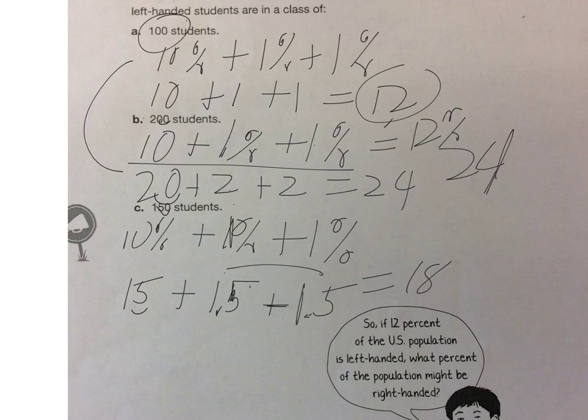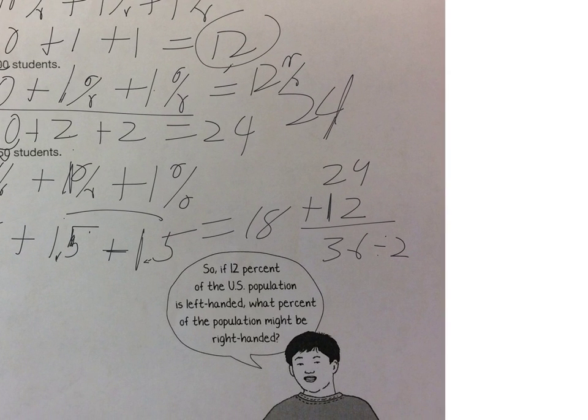So 100 plus 200 is 300, so you add these together: 24 plus 12. 24 plus 12 is 36, but then that's for 300 people, so you have to divide it by 2, and dividing it by 2 gives you 18, and that's what we got there, because 300 divided by 2 is 150, so 36 divided by 2 is 18. And again, these are just all ways that you can use mental math to calculate percents.